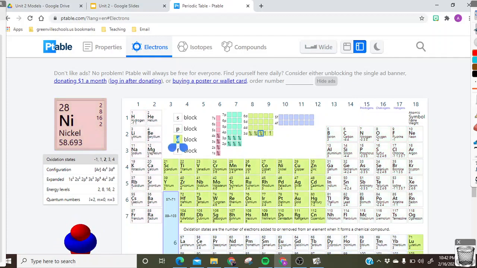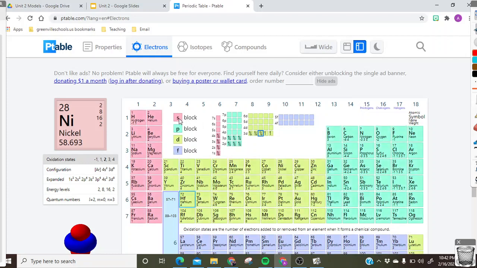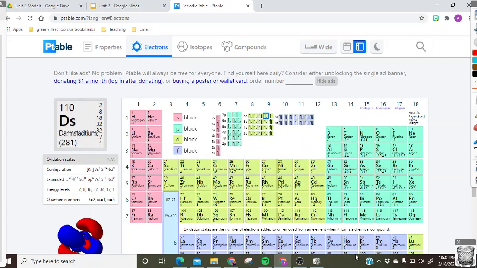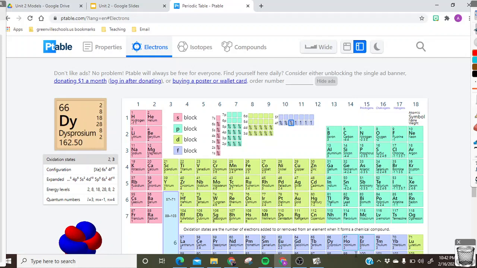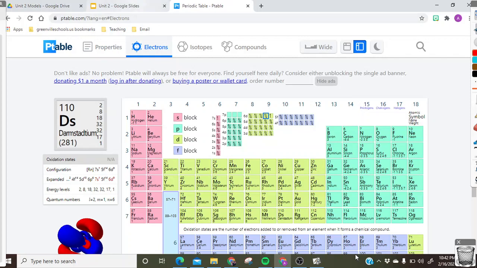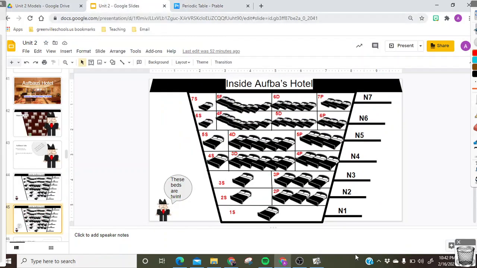We have our D block, which are those guys. And our F block, which are all these guys at the bottom that kind of get cut out. So whenever you're looking at a condensed version of the periodic table, they're basically just cutting the F block out and sticking it at the bottom. Okay. So, those are the different rooms. Every room is either an S, a P, a D, or an F.